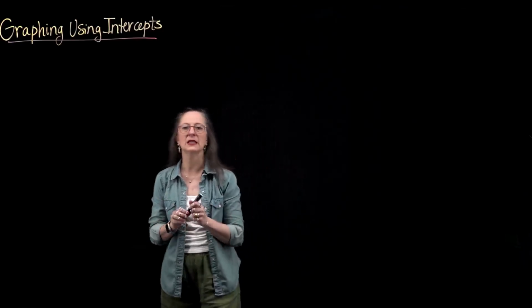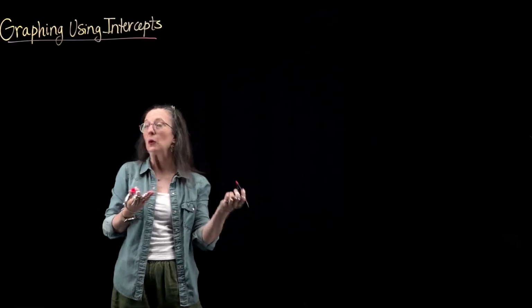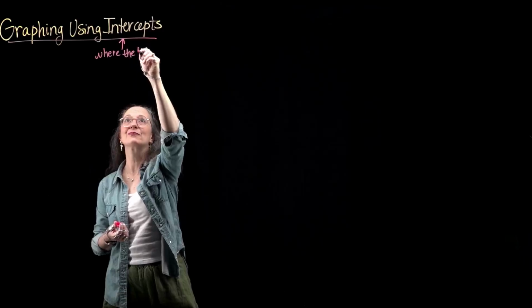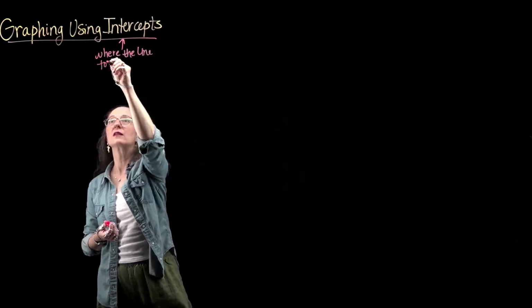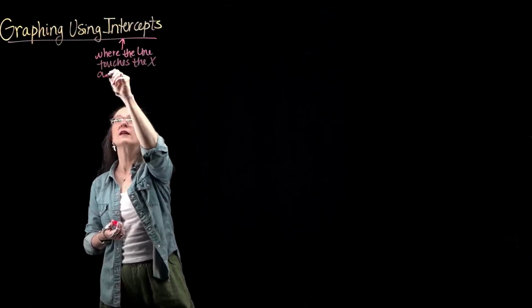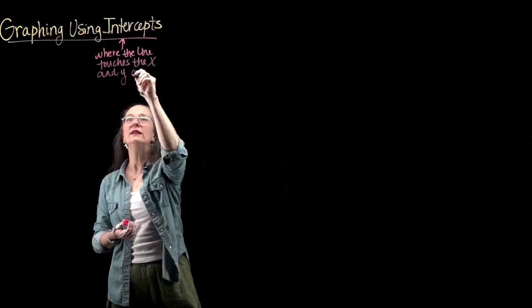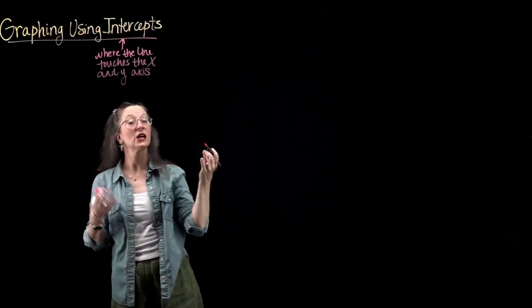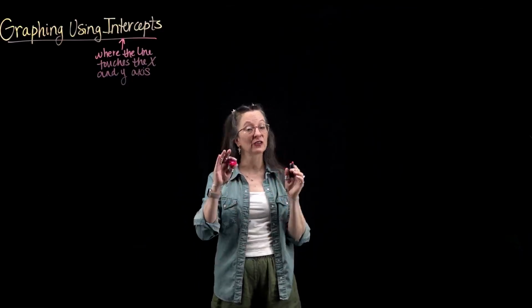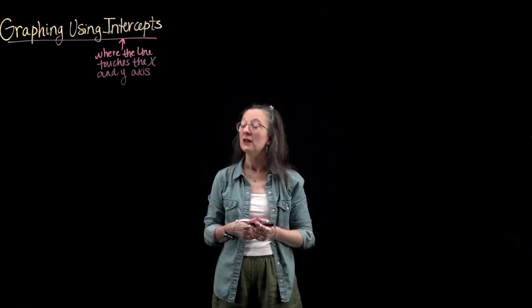Intercepts is a fancy word for where the line touches the x and y axis. And if we know where it touches the x and y axis, then that gives us enough information to connect those dots and draw our line.